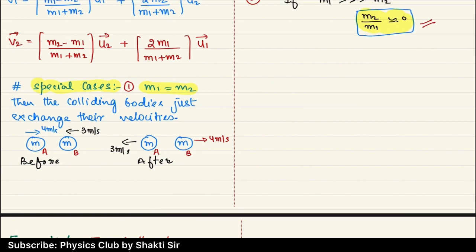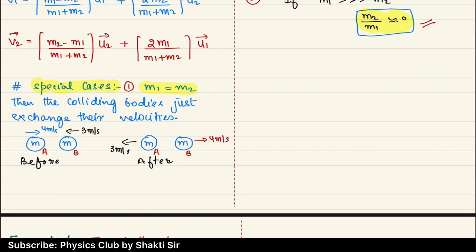As it is shown here, before the collision, let's say we have two bodies m1 and m2, A and B. Body A has a velocity of 4 meters per second, body B has a velocity of 3 meters per second. This is the situation before the collision. And after the collision, you will see that they just exchange their velocities. That is, body A gains the velocity of B. You can see this is the velocity of body A after the collision, and this is the velocity of body B after the collision.